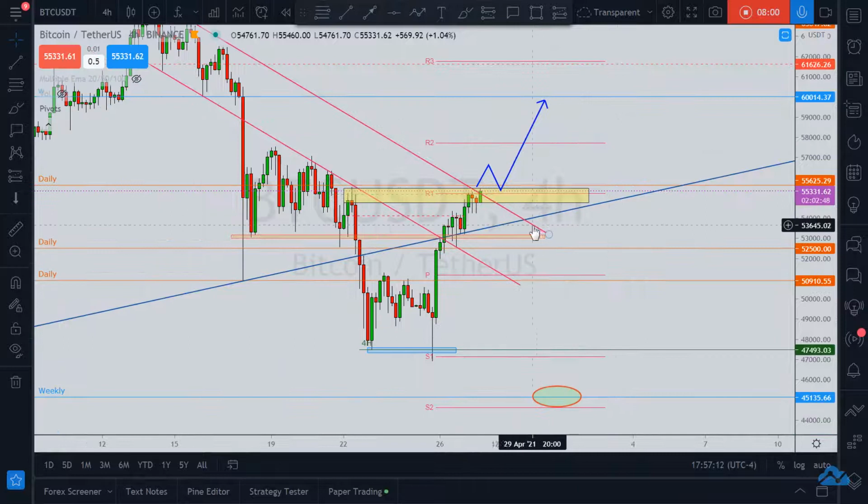What am I really expecting? I'm really expecting price to come down. We're going to find the support here. We might break up. We might test this daily right on the line, wick up like this one did, and then come back down inside this channel.